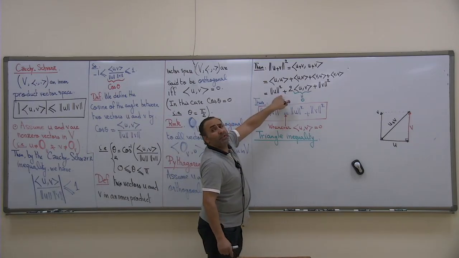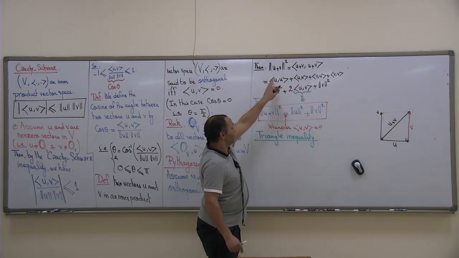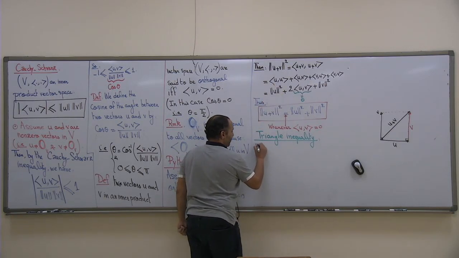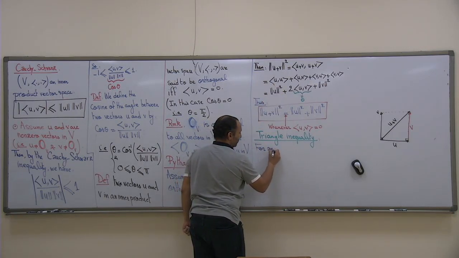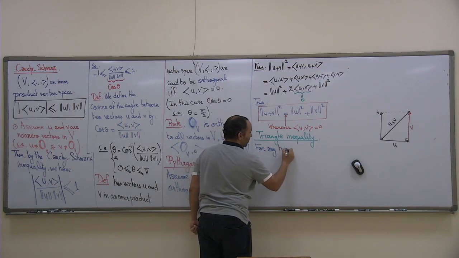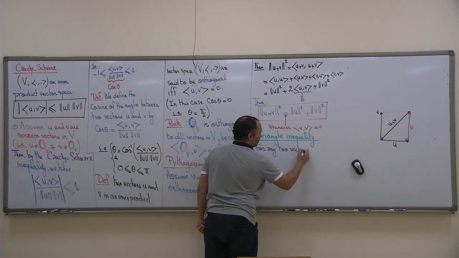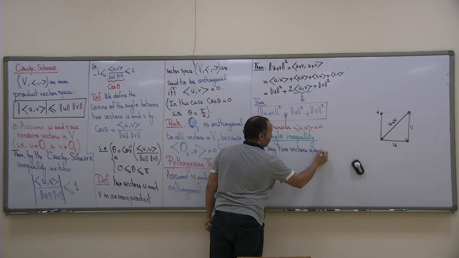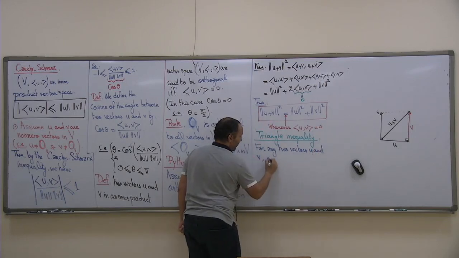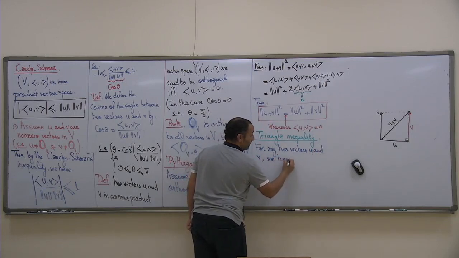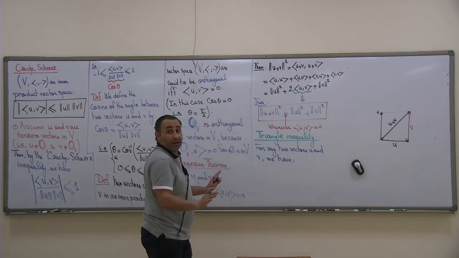I go back to what is written here. For any two vectors u and v, I'm not going to assume u and v to be orthogonal to each other.